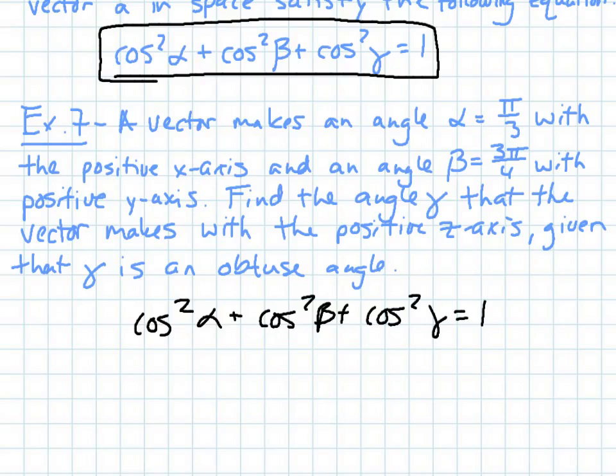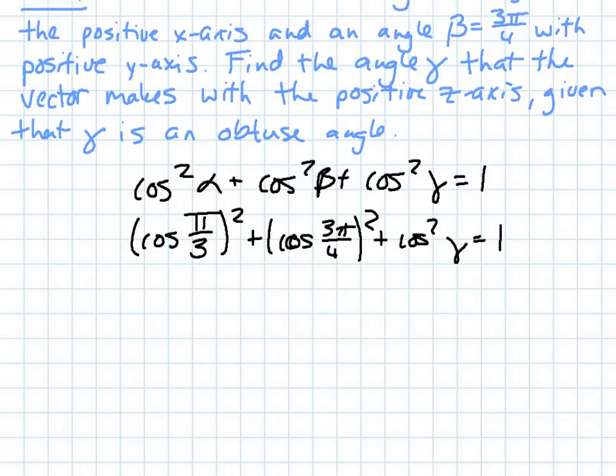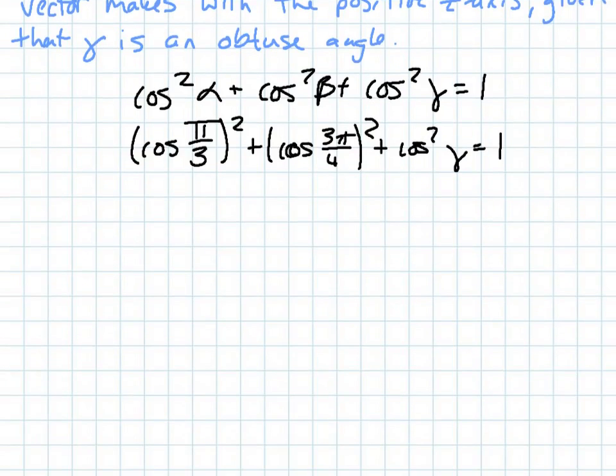we want to plug our stuff in. Remember that it's cosine of pi over 3 squared plus cosine of 3 pi over 4 squared plus cosine of gamma squared. Now I want to plug those values in. Cosine of pi over 3 is 1/2.